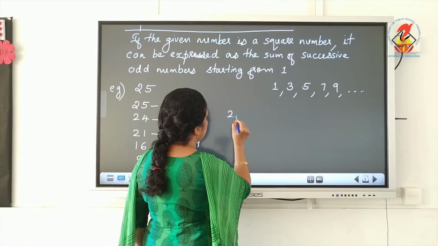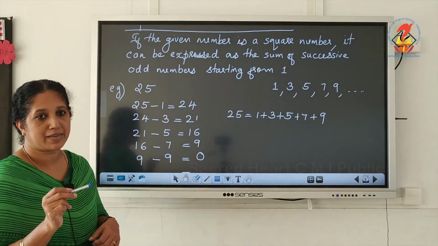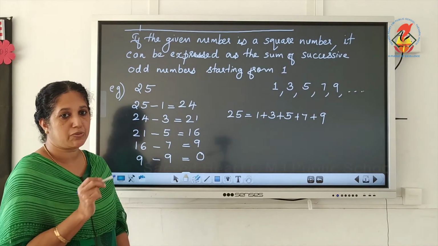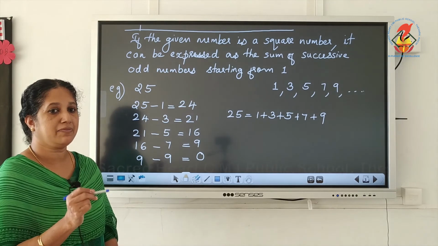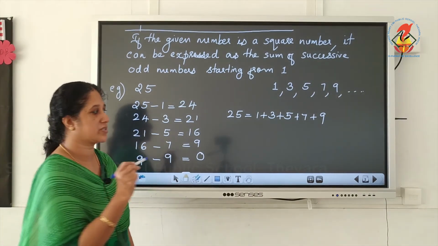That means we can write 25 as 1 plus 3 plus 5 plus 7 plus 9. That means if we can express the given number as the sum of successive odd numbers starting from 1, we can say that 25 is a perfect square.